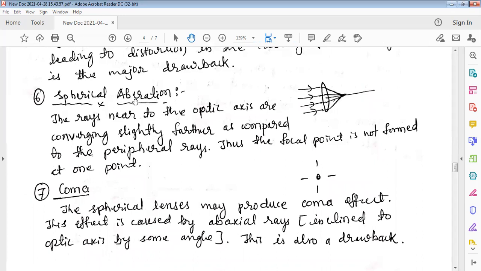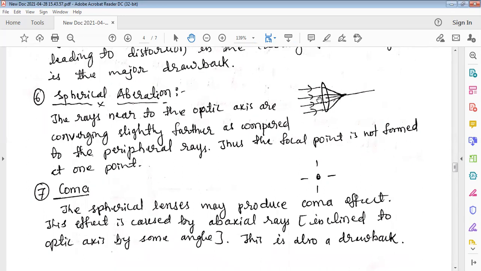The next drawback is spherical aberration. That means the rays near the optic axis converge slightly farther as compared to the peripheral rays. You can see here, these are the peripheral rays, but these are the rays near the optic axis.